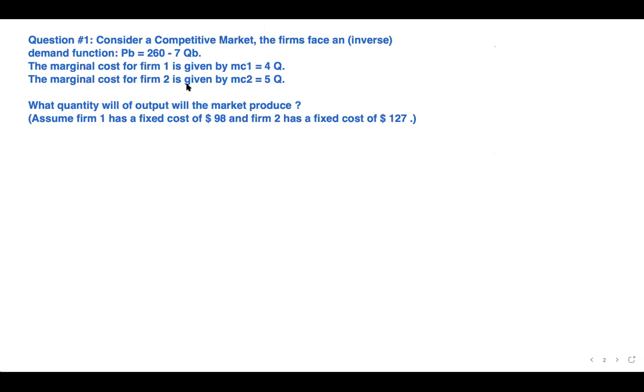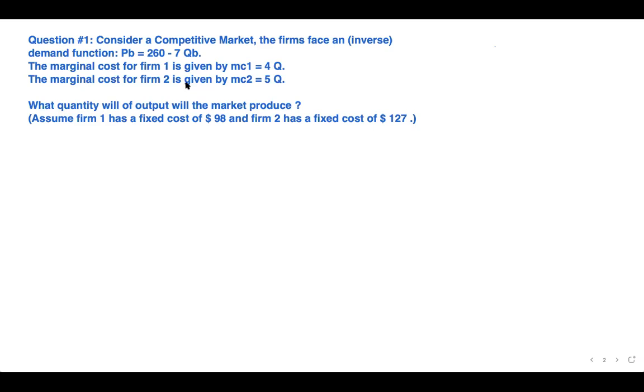In the course of one problem on the final, you're going to talk about a competitive equilibrium and a monopoly equilibrium and a Cournot equilibrium and a Stackelberg equilibrium, and they're all going to be based on one problem, and you're going to be comparing them. Okay.